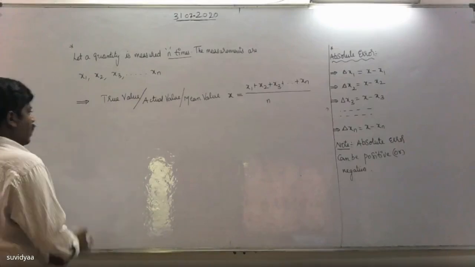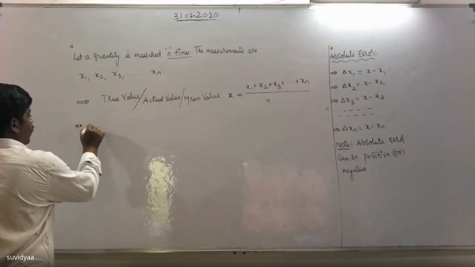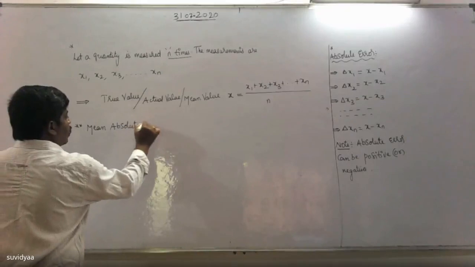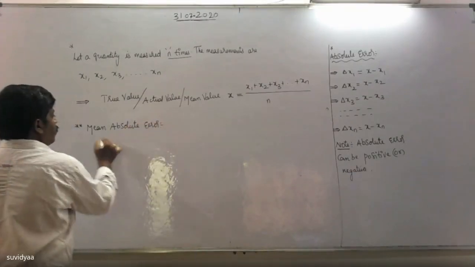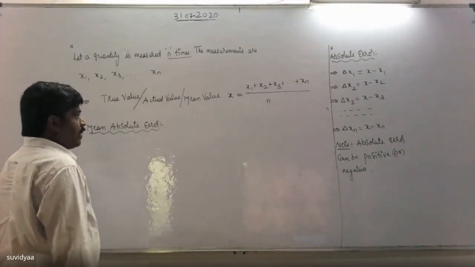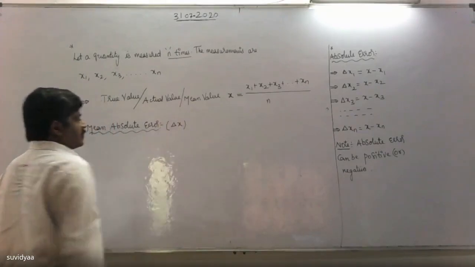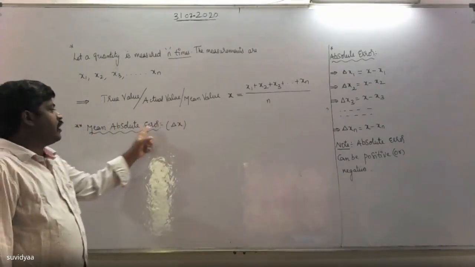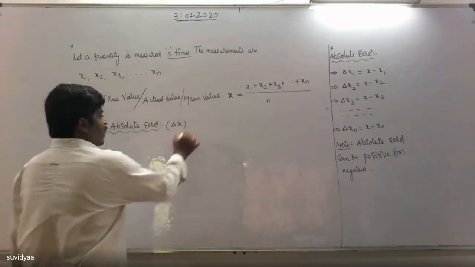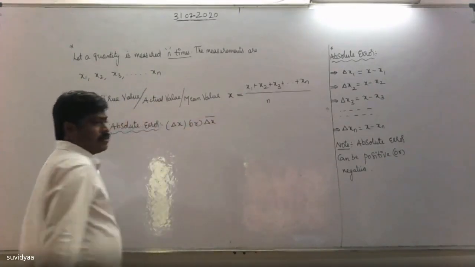Okay? Next, coming, the next one is mean absolute error. Now, the symbol for mean absolute error is delta x bar. In some books they will write it like this, or delta x bar.